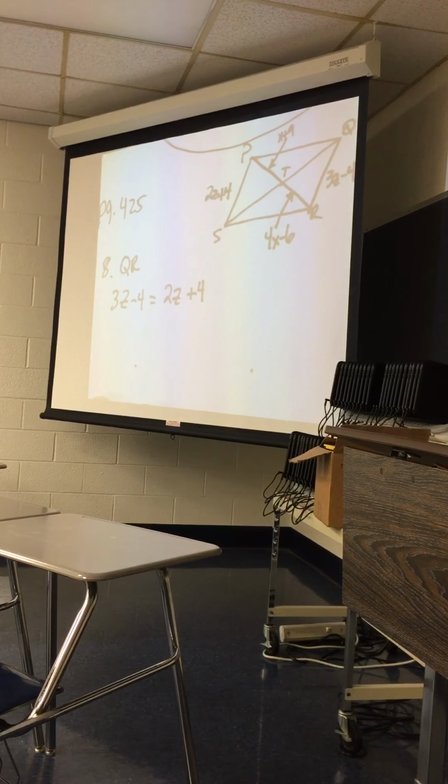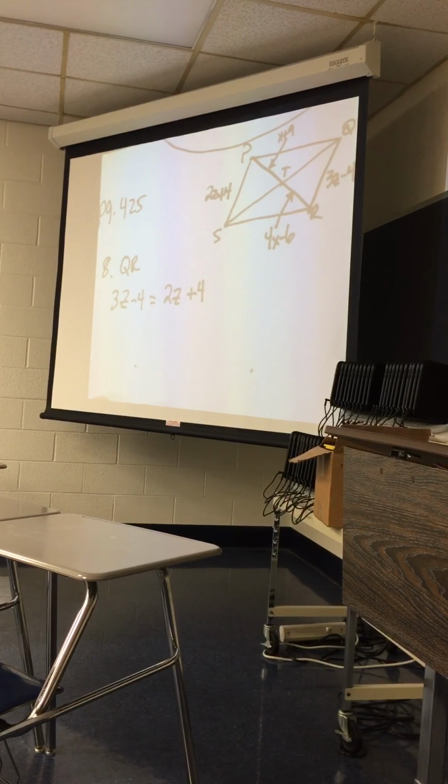So we know that QR is equal to 3z minus 4, and we know that 8 is equal to z. So we're going to take 8 and plug it in. 3 times 8 minus 4, 24 minus 4, QR, our final answer, is equal to 20. Any questions on that? Pretty straightforward.